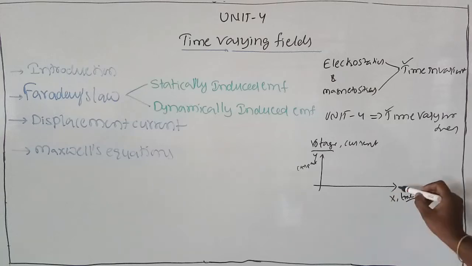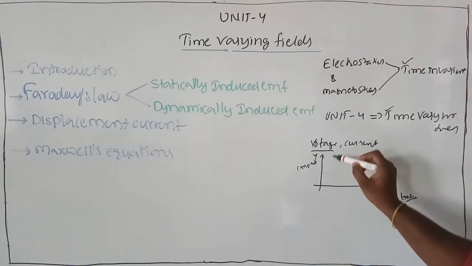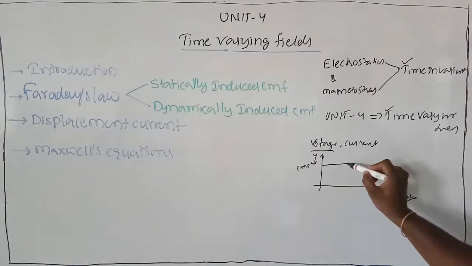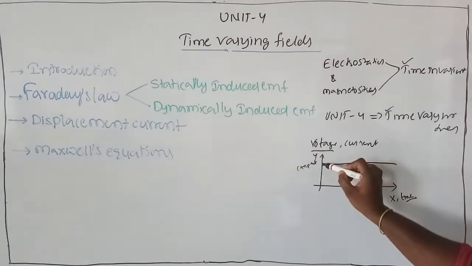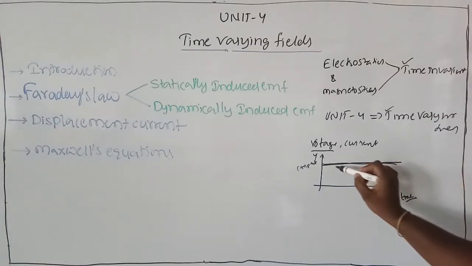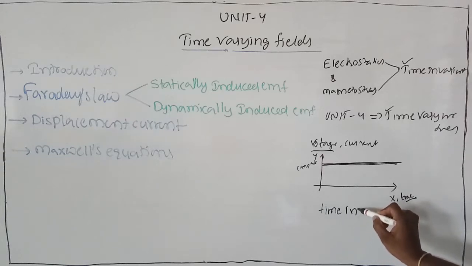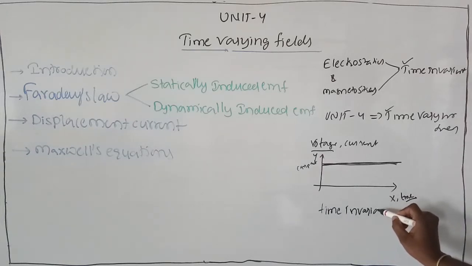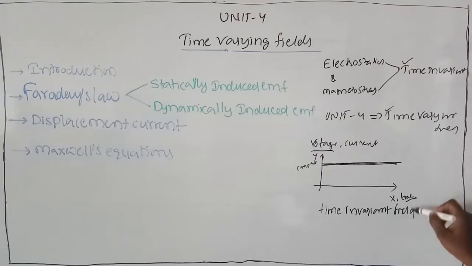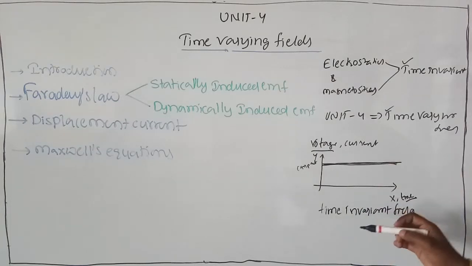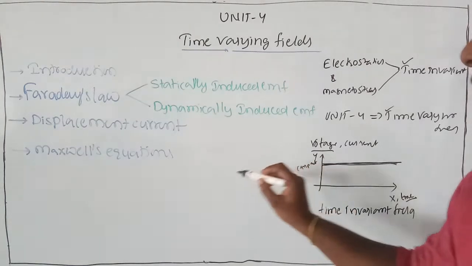Now, if the magnitude of the voltage or current wave does not vary with respect to time, such quantities are called time invariant quantities or time invariant fields. If it is a current component, this type of quantity is called a time invariant field.